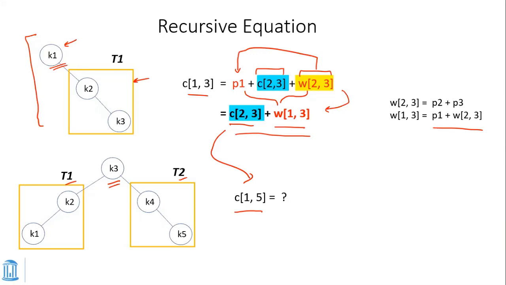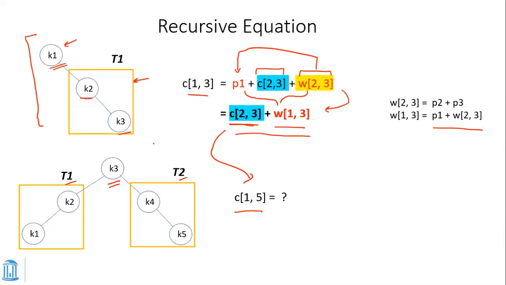Can you generalize that? Not too difficult, actually. Earlier we just had one substructure, T1, which was the cost 2, 3, from searching for keys K2 and K3. Now we still have that.